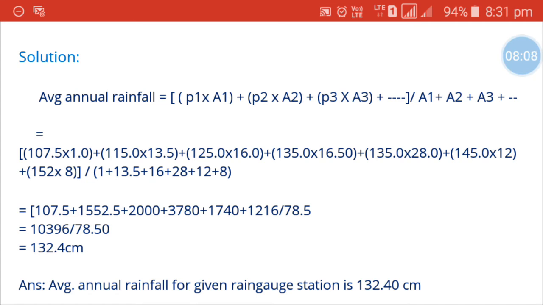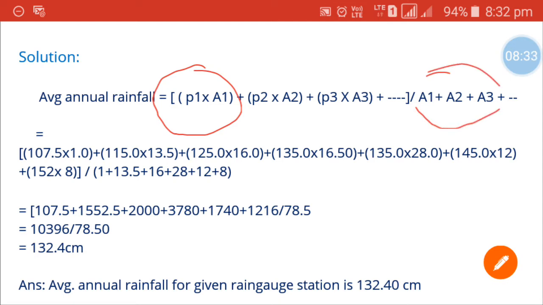The similar formula that we have used in the previous case is observed here. Here also, for each set of data we multiply precipitation and area, carry it out for all the given data, and divide by the total of the area.